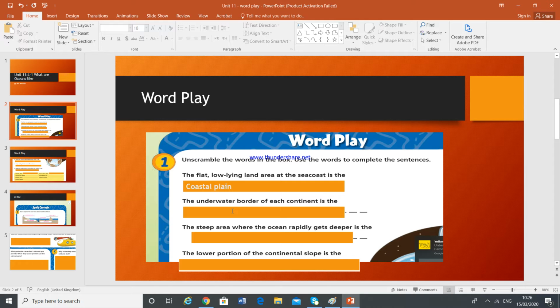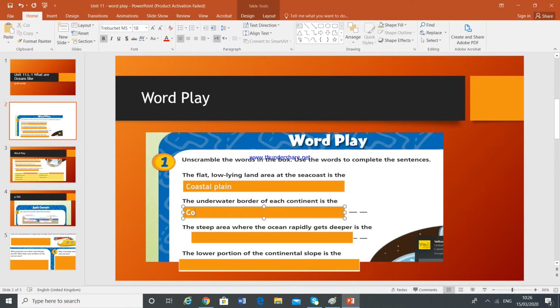There, the border which separates two different features of the ocean floor is actually called the continental shelf. Continental shelf.